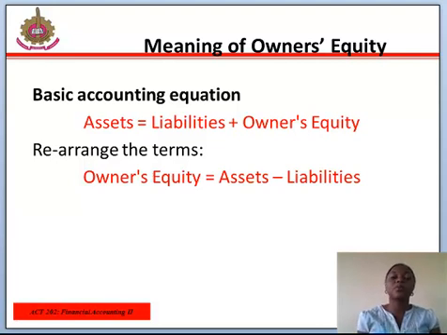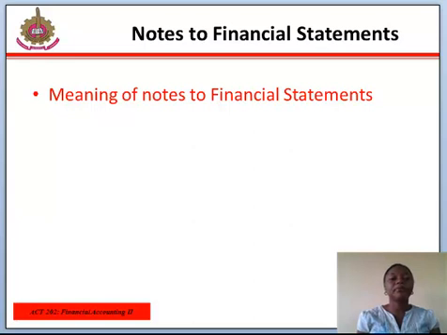It tells you the book value of a company, that is what is left over for shareholders after the company has paid off all its debt. And as we have the equation here, the basic accounting equation is assets equal to liabilities plus owner's equity. Now, if we rearrange that and make owner's equity the subject of the formula, we have owner's equity equal to assets minus liabilities.